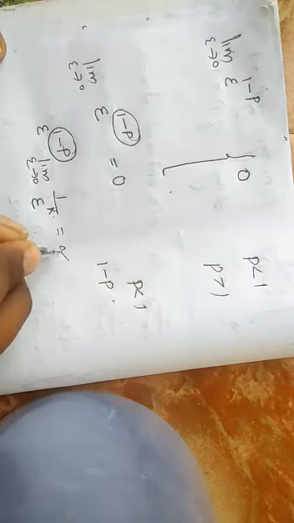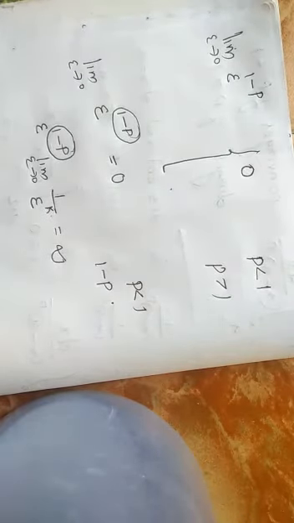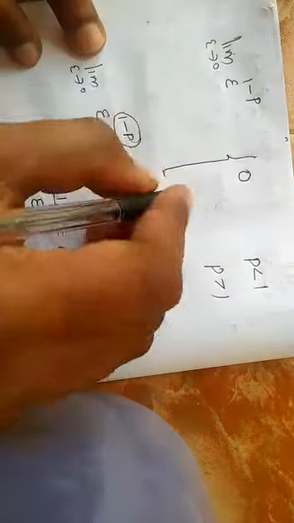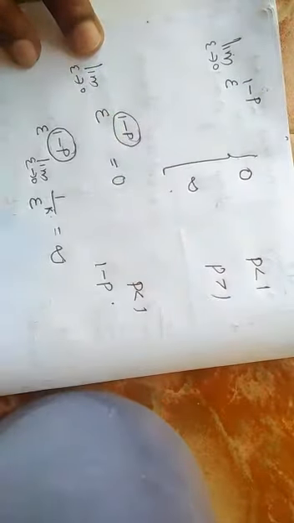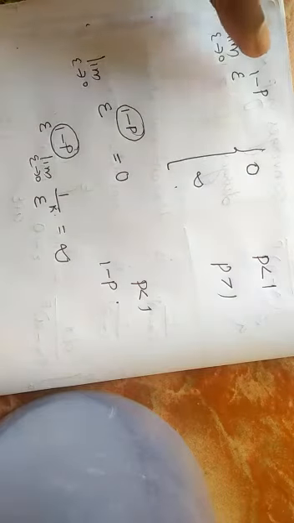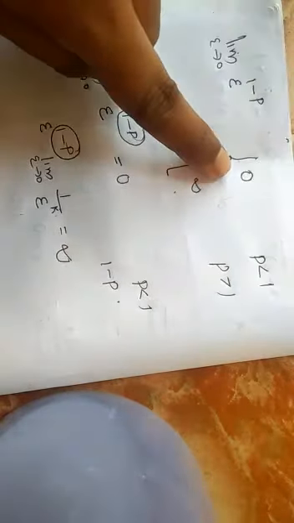So limit epsilon tends to 0, that will become infinity. That is, for p less than 1, epsilon power 1 minus p is epsilon power some positive number, so taking the limit, that will become 0.